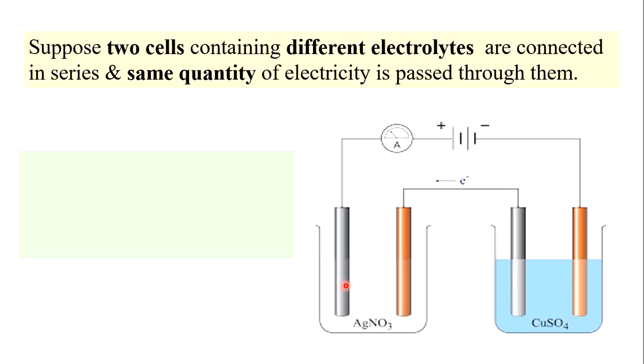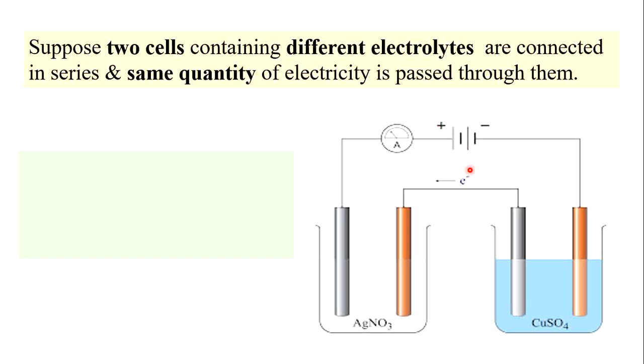Suppose here two different electrolyte solutions are there and the two cells are connected in series. One is AgNO3 and another one is CuSO4. In this cell, copper sulfate is the electrolyte, and in this cell, silver nitrate AgNO3 is the electrolyte. So two cells containing different electrolytes are connected in series.